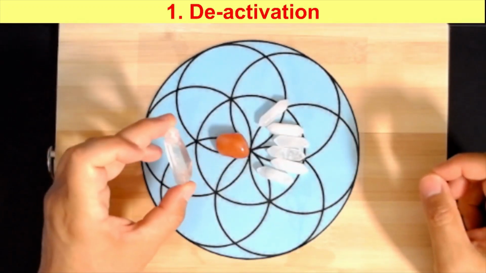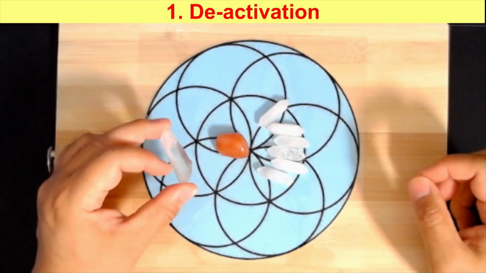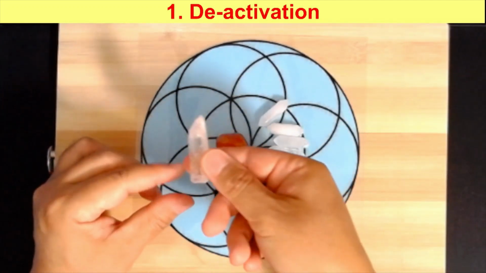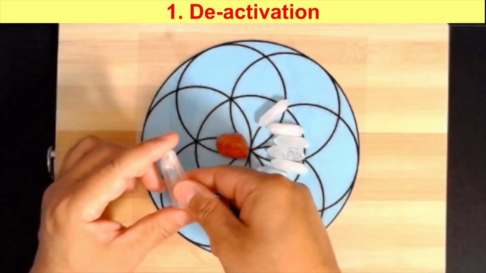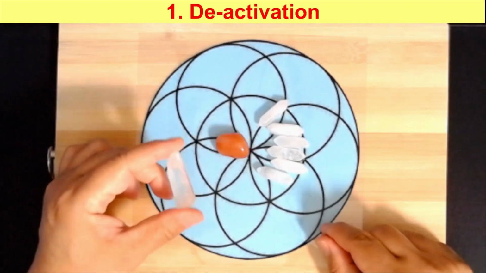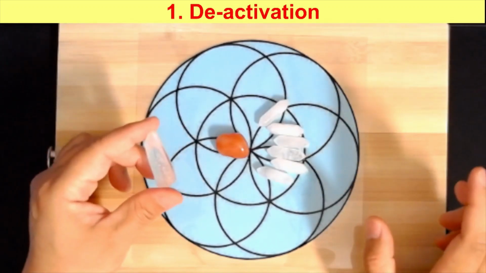Whenever we use a crystal, we assign to it a certain role. And because crystals have memories, if, for example, you designate this crystal for protection, this crystal will retain that role of being a crystal for protection until you tell that crystal, I set you free from that kind of responsibility.